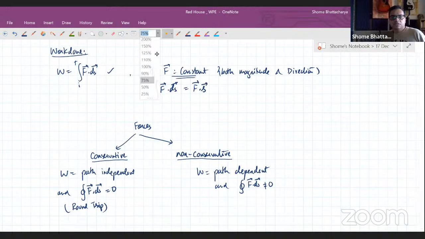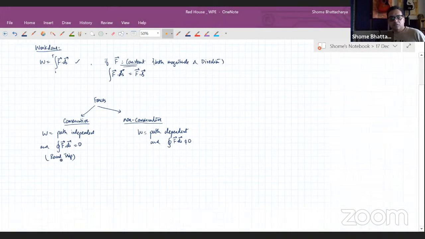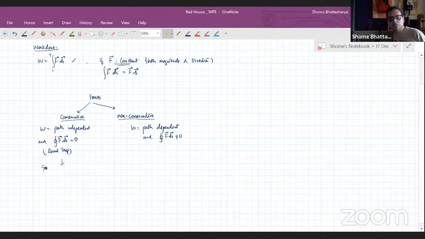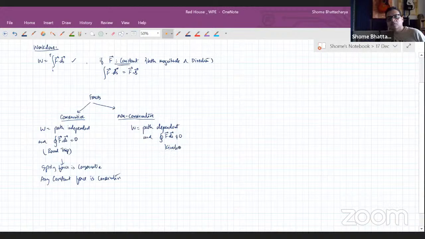Based on that, we had seen a couple of examples: spring force is conservative, any constant force is conservative, etc. Whereas kinetic friction is an example of a non-conservative force.